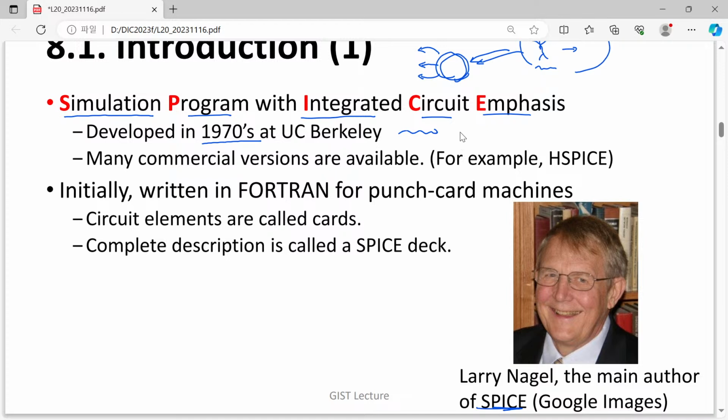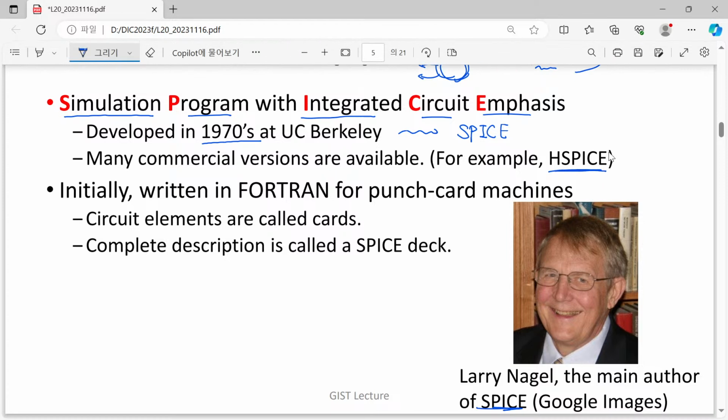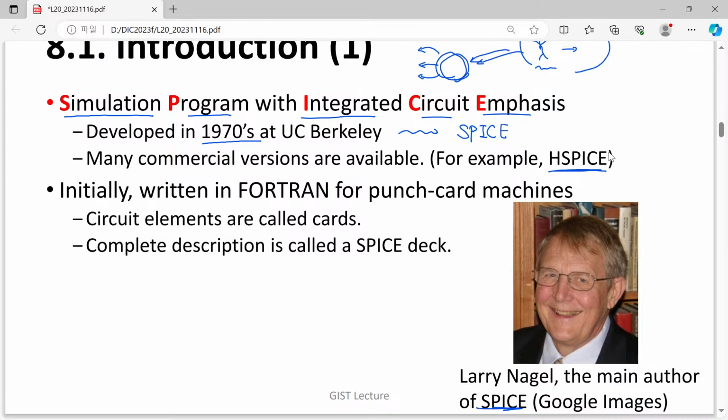That was a free version, the original SPICE version. After that, many companies adopted this SPICE backbone code, added more capability and commercialized it. There are many commercial versions, and I think the most widely used one is HSPICE by Synopsys, but we have many more. This is quite expensive.